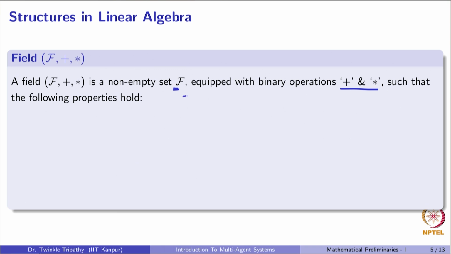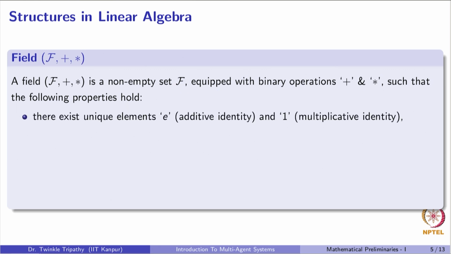Now, the set F along with these two operations must now satisfy a few properties. So, what are those properties? The first is the existence of the unique elements E and 1. What is 1? 1 is the multiplicative identity, meaning if I take any element belonging to the set F and I operate it with 1, I should get back the element itself.